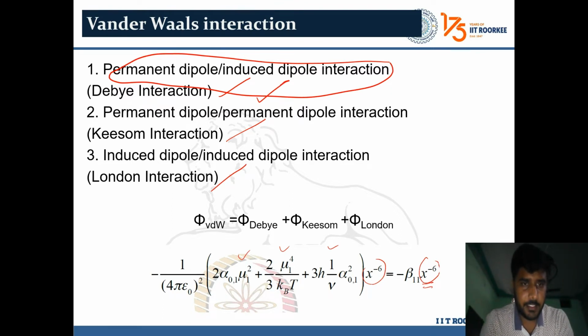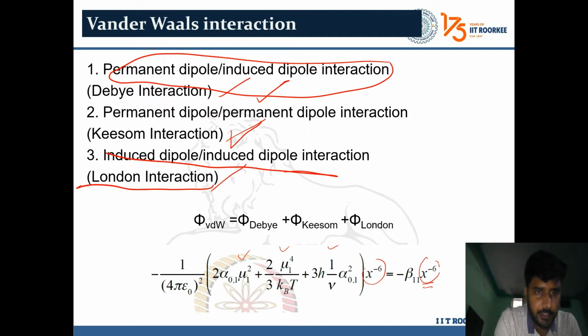Similarly, for Keesom interactions, if you have a permanent dipole in both the particles interacting, it will be categorized as the Keesom interaction. And if both the particles have induced dipoles, they will follow the London interaction term.